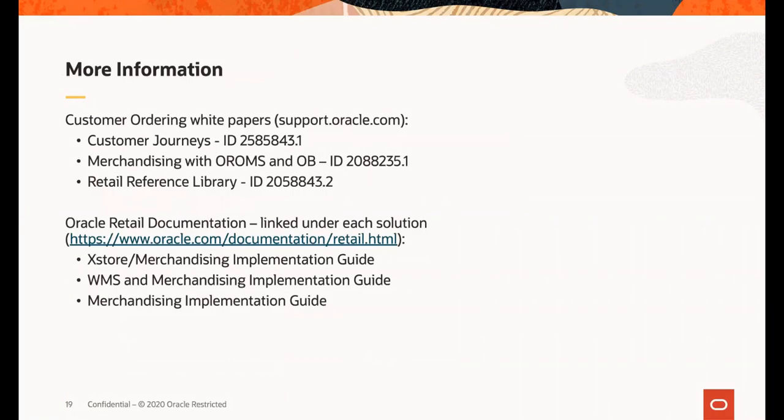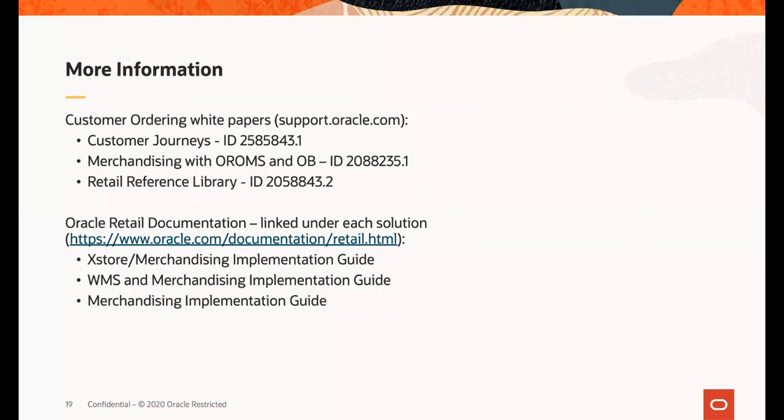Okay, and then I'll just pause here, and then we can take some questions. I think we still have time. These are really helpful documents, and I would highly encourage you to take a look at probably all of them if you haven't already. The first one is a customer journey white paper, which goes through everything in even more detail than I did today across all the journeys that are supported.